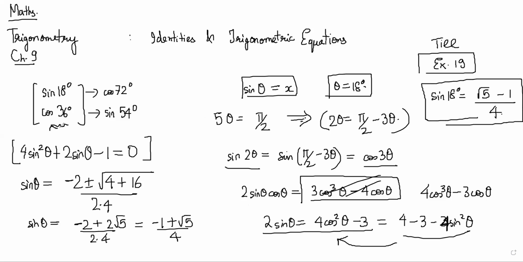Similarly, you can do cos 36 degree also. You can use the same method, or you can use the sine 18 degree value to find cos 36. What are the two approaches? You can say theta is equal to 36 and 5 theta is equal to 180, therefore 2 theta is equal to pi minus 3 theta, and take cos on both sides.